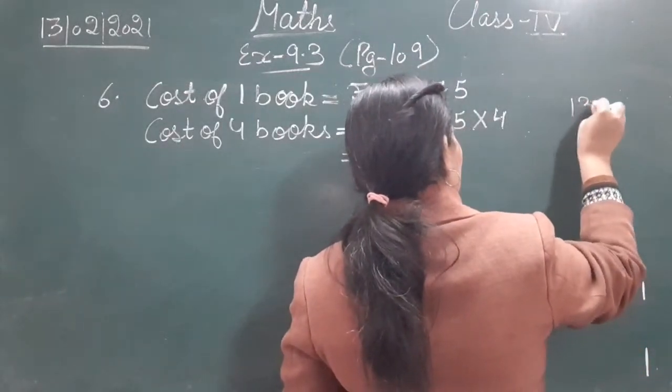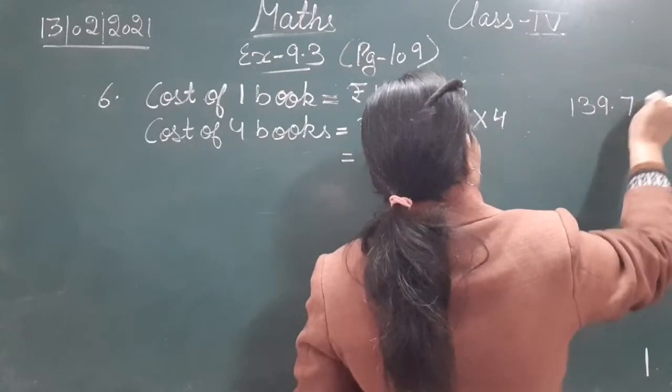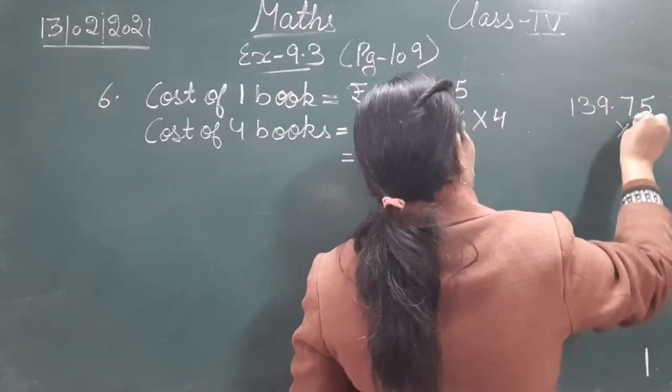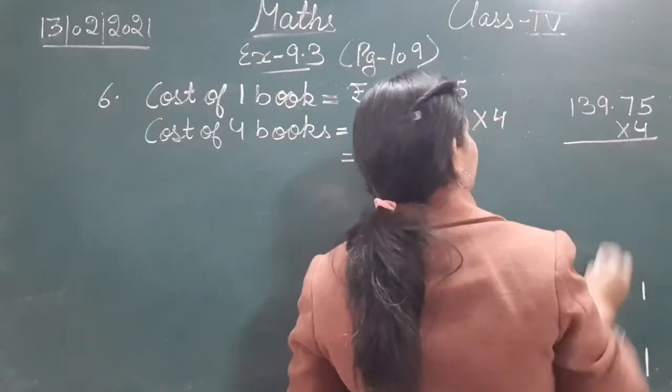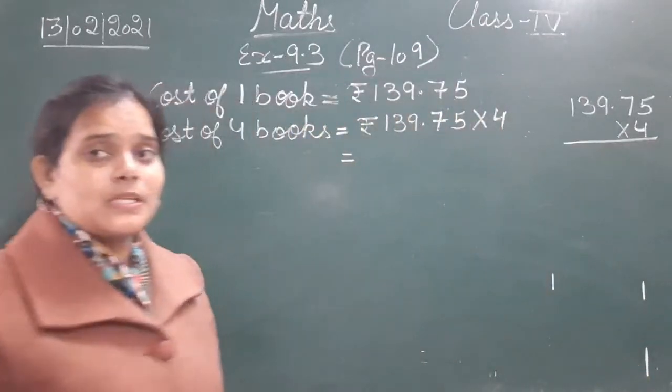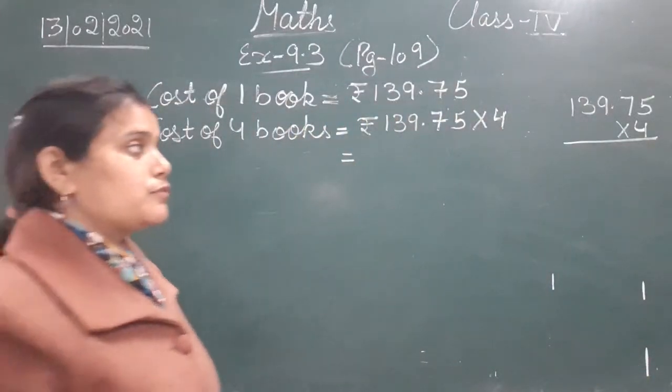So 139 rupees and 75 paise multiplied by 4.